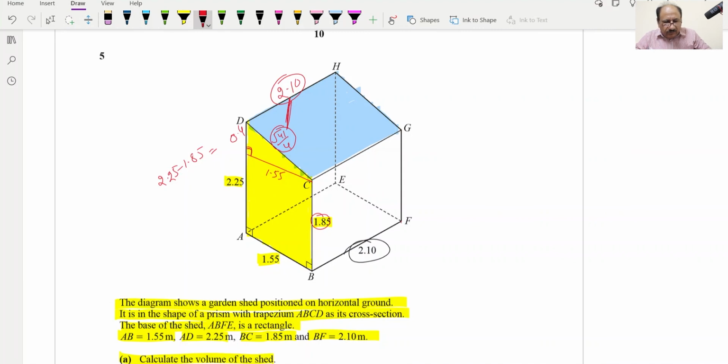We will join F and D like this, and in the base we also have to join A and F. The angle required is this angle, which we need to find, and we can write this as theta. To find this theta, first we require AF, and we can find AF by applying Pythagoras theorem. We have the two other sides, so we can find AF.